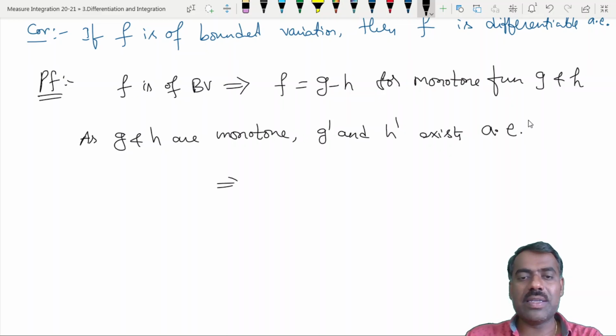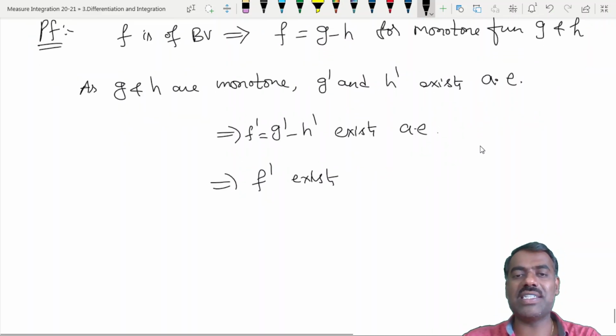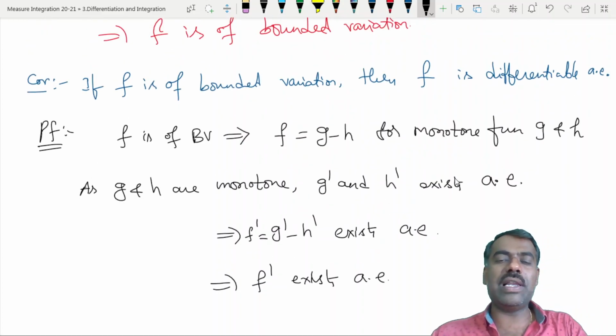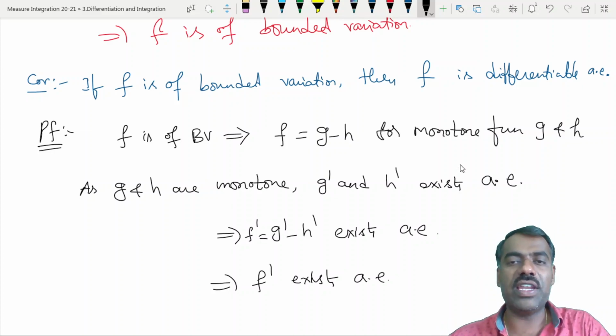This implies g dash minus h dash exists almost everywhere, right? But that is same as saying that f dash exists, because g dash minus h dash is nothing but f dash, right? Exists almost everywhere. Is this clear? So therefore f is differentiable almost everywhere whenever it is of bounded variation.